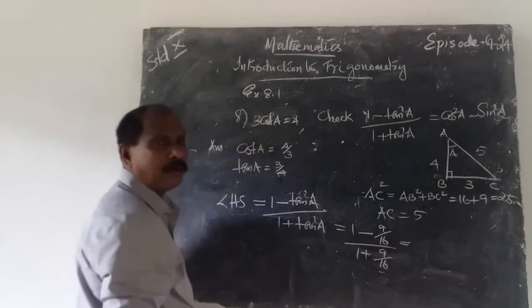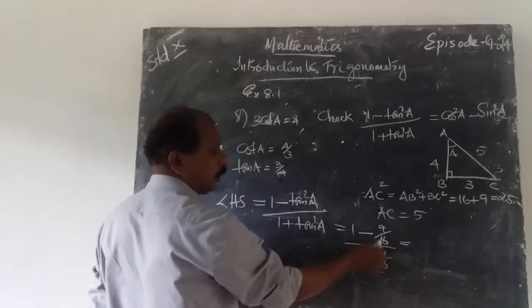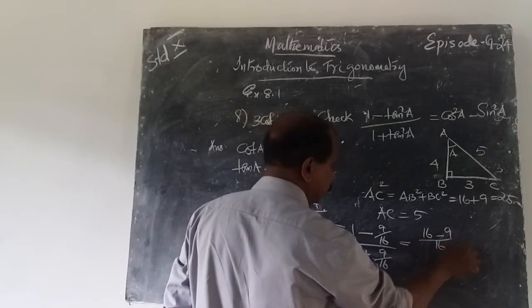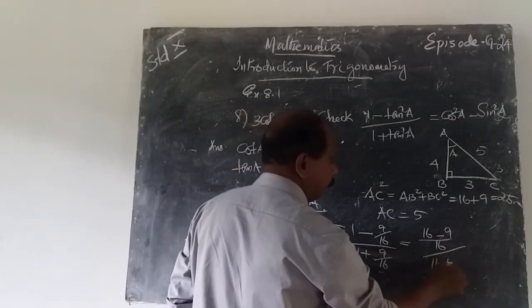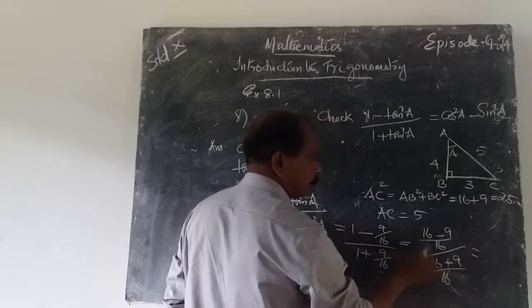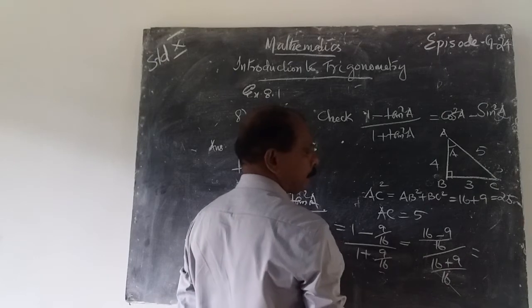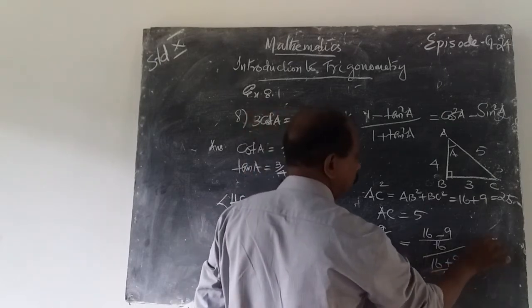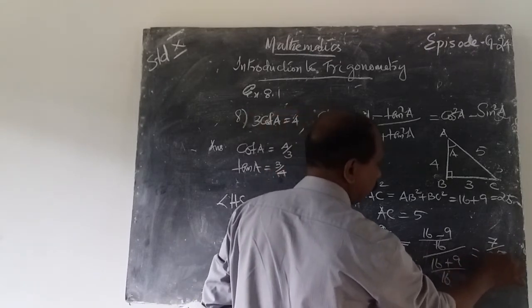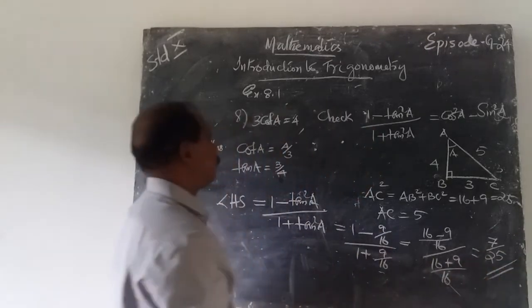We take the LCM of the denominator, that is 16 into 1, 16 minus 9 by 16 by 16 plus 9 by 16. The 16 cancels. 16 minus 9 is equal to 7 by 16 plus 9, 25. That is LHS.